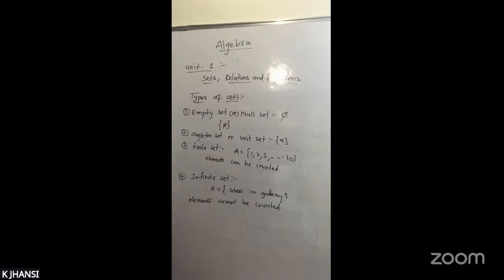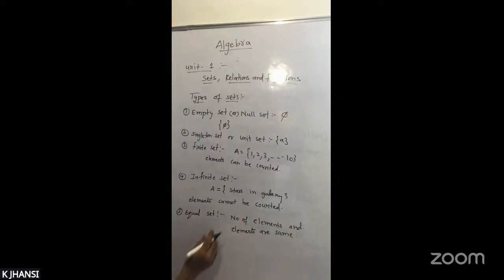Next we have equal sets. Equal set: the number of elements and the elements are the same. Fifth one. Equal set means the number of elements, where number means count here, and the elements are the same.